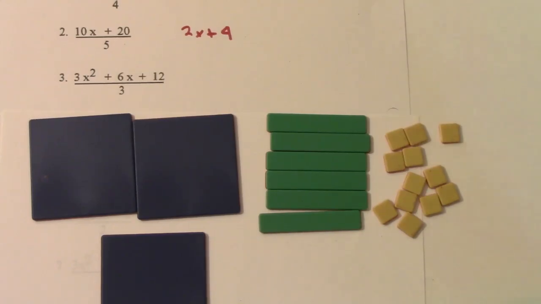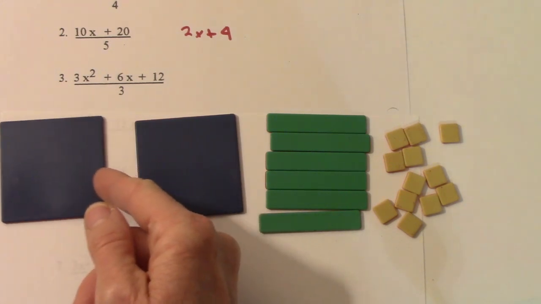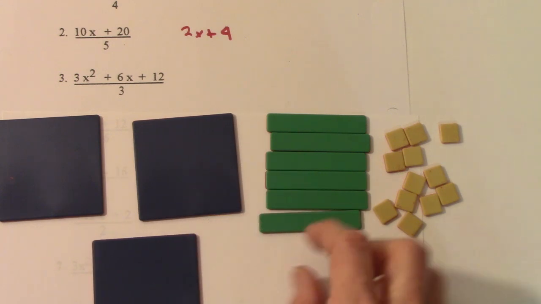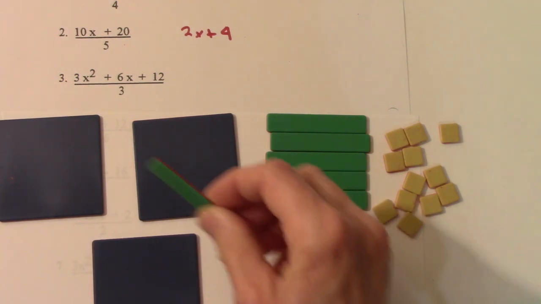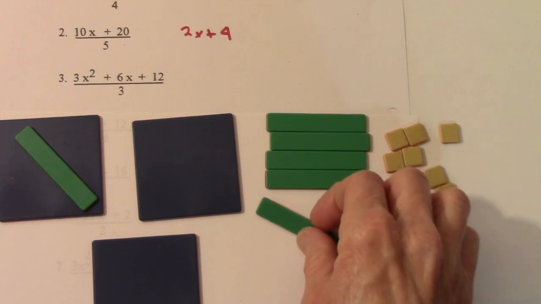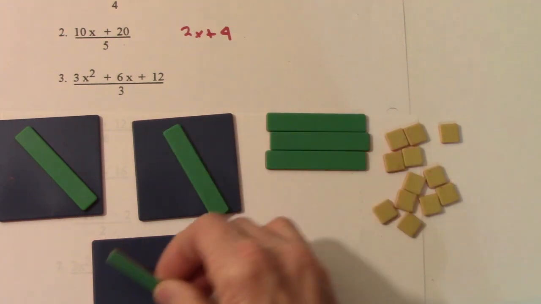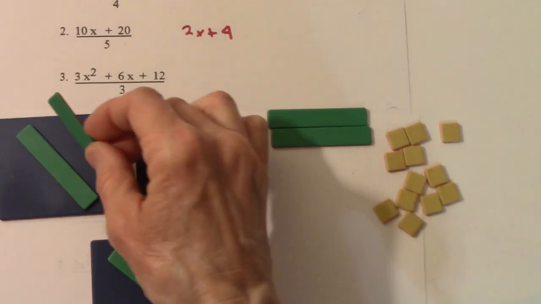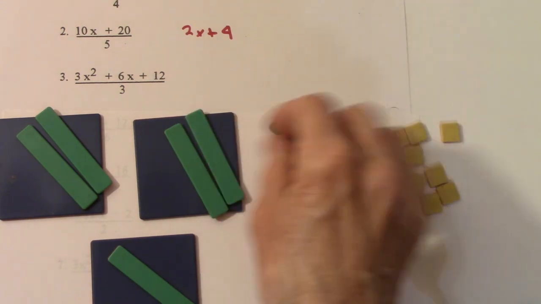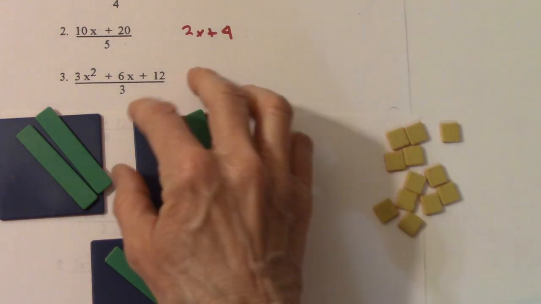Okay, here I have 3x squared plus 6x plus 12, and I'm going to divide it into 3 groups. So I'm going to look at the x squared first, and I have 3 of them, so these become my 3 groups. And I have 6x, so give each one 1, then 2.